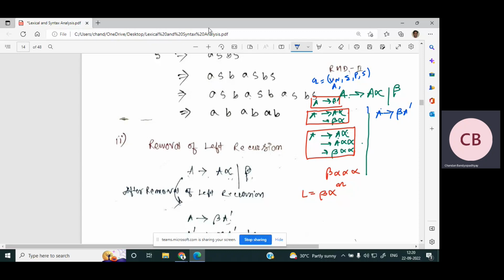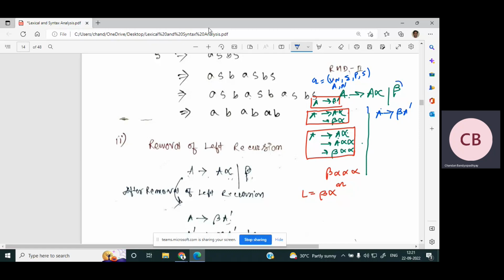What I am doing now, here to remove the left recursion, I am adding one more non-terminal in the Vn part, A and A dash. Initially the grammar's non-terminal part was A, but I am adding a redundant non-terminal A dash in the grammar. Here A is generating beta A dash.